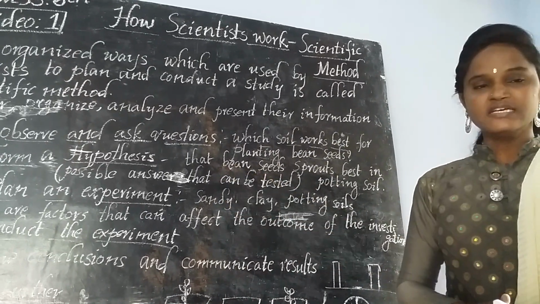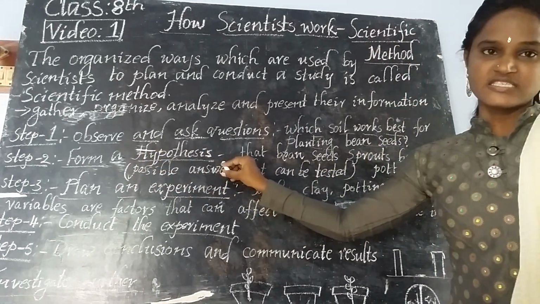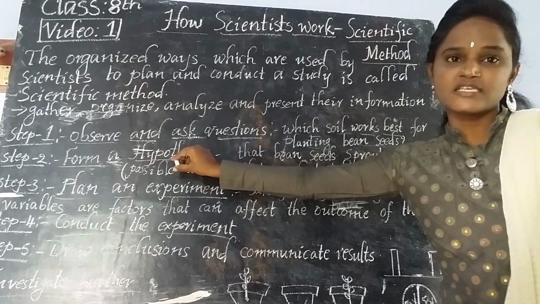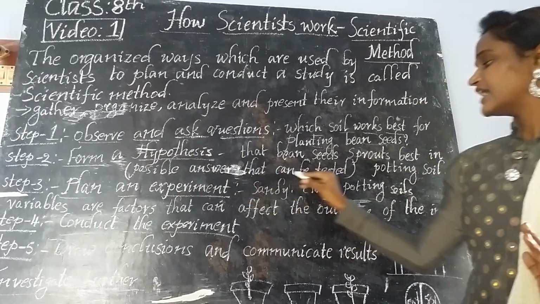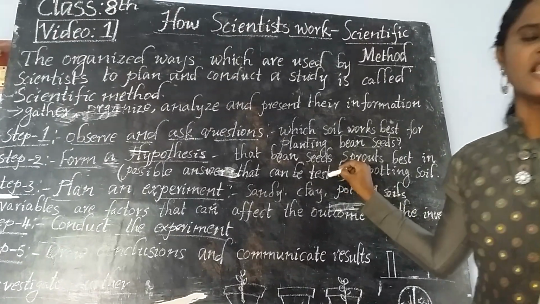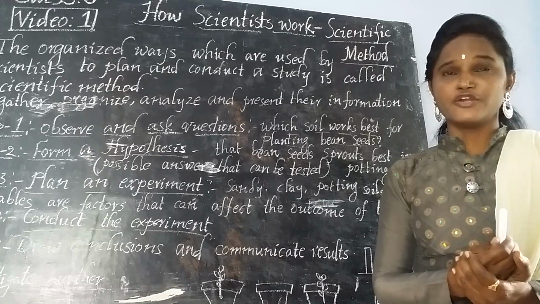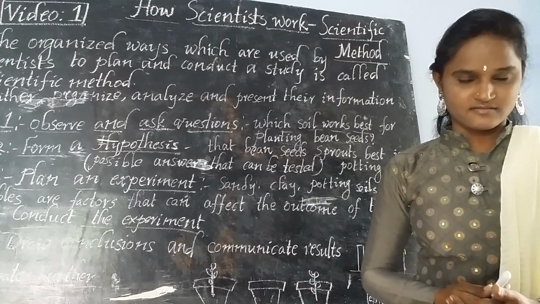Now we enter the second step. What is that? Form a hypothesis. What is meant by hypothesis? Hypothesis means a possible answer that can be tested. A possible answer is nothing but your guess. Sometimes if we don't know the answer to a question, we just guess.